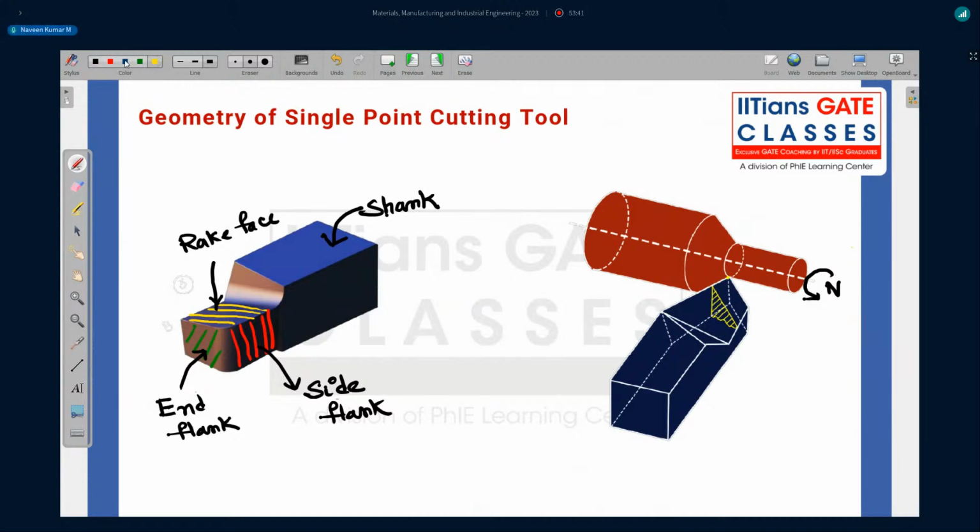Let me write this edge, this edge, this one, as 1. This is 2, and this is 3. 1, 2, and 3.